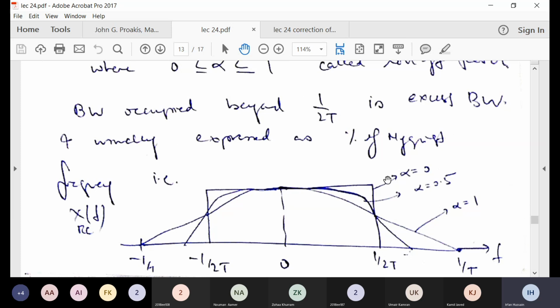So for alpha 0, you can see this is the same triangular pulse. We have these variations for alpha equal to 0.5.